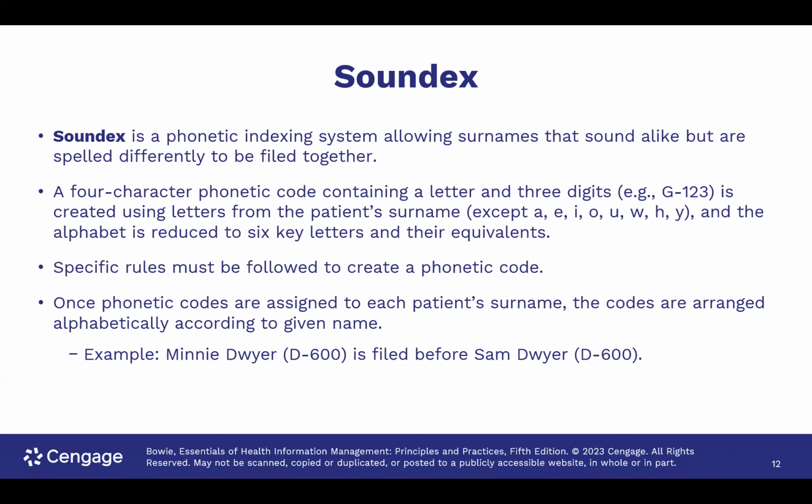And these 3 digits of 123 are created by using letters of the patient's surname except the vowels A, I, O, U, and W, H, and Y. And then the alphabet's reduced to 6 key letters and their equivalents. So once these phonetic codes are assigned to each patient's surname, the codes are arranged alphabetically by given name. They give you the example here of Minnie Dwyer. Minnie D600 is filed before Sam Dwyer, D600.